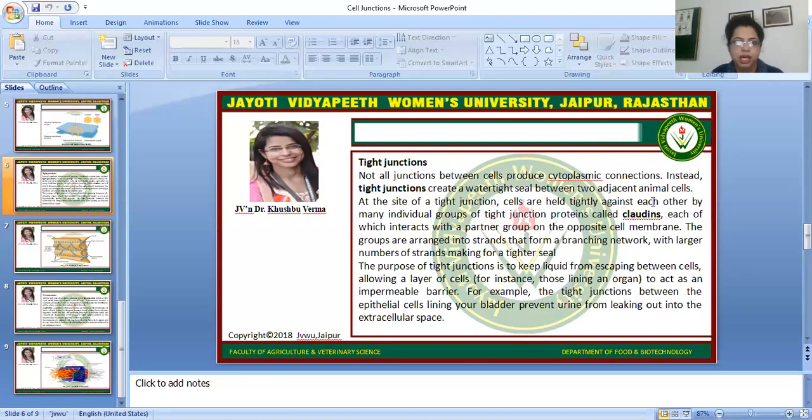The groups are arranged into strands that form a branching network, with a larger number of strands making for a tighter seal. The purpose of a tight junction is to keep liquid from escaping between cells, allowing a layer of cells to act as an impermeable barrier. For example, the tight junctions between the epithelial cells lining your bladder prevent urine from leaking out into the extracellular space.